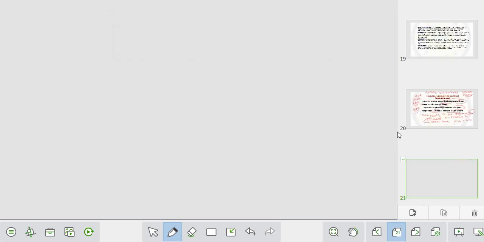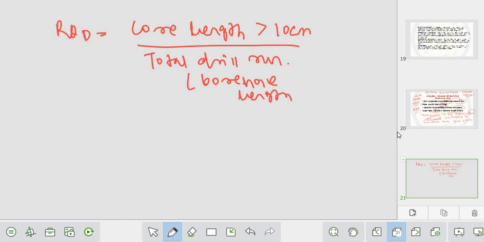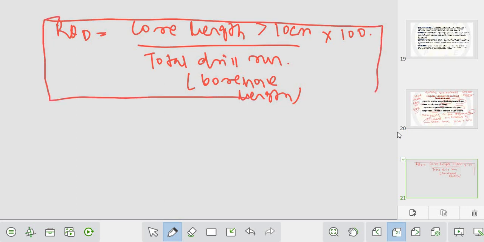That means RQD, जो मैंने बताया, all those core lengths that are greater than 10 centimeter divided by the total drill run, कितना डेप्थ तक ड्रिल रन हुआ है और टोटल बोरहोल लेंथ, into 100%. Okay, so this is the formula or mathematical expression for the RQD.